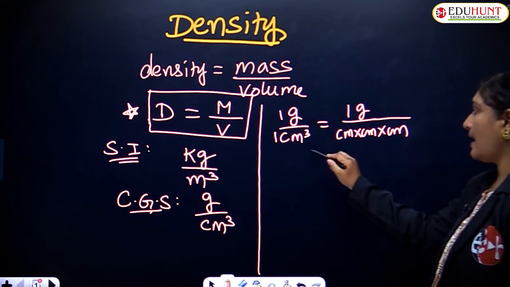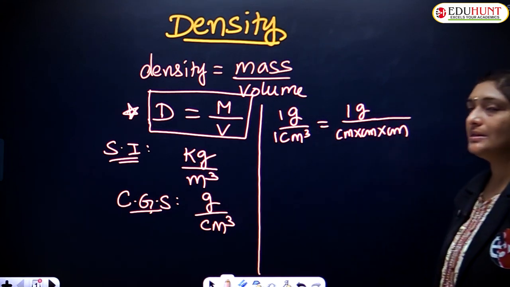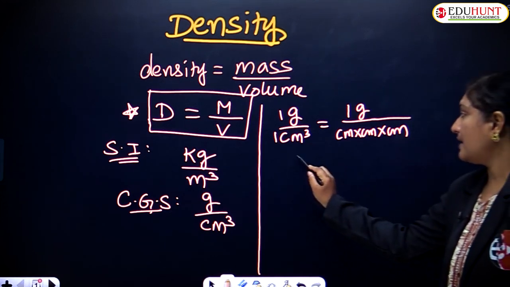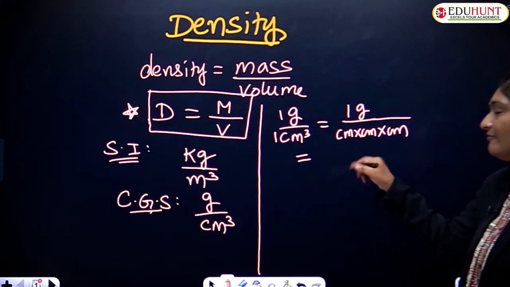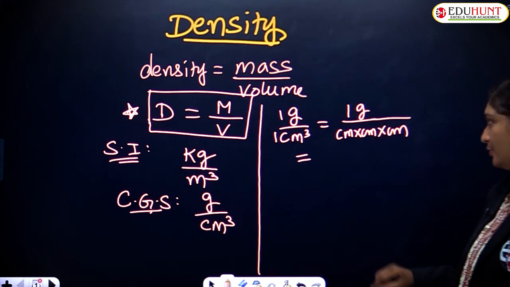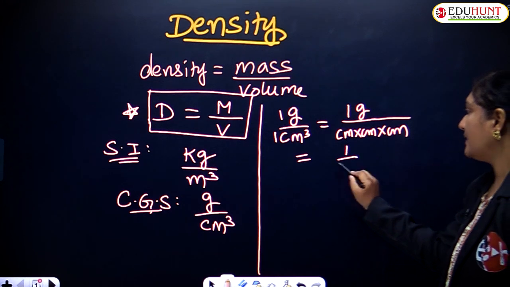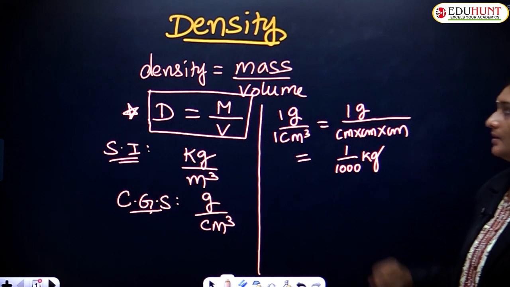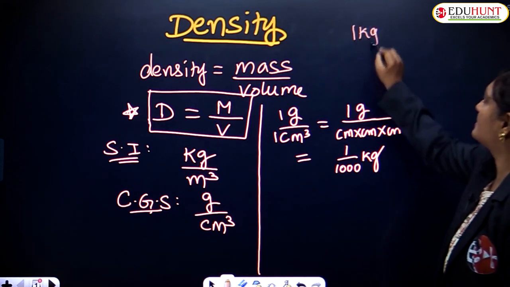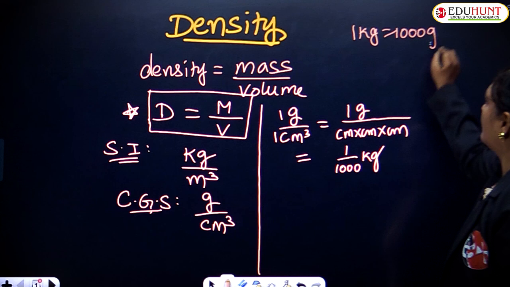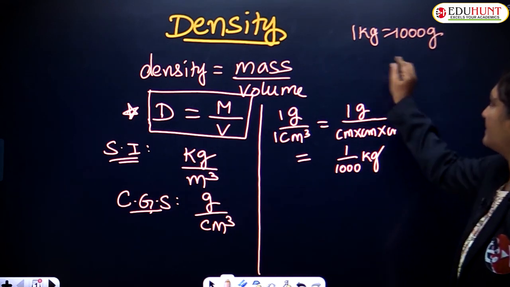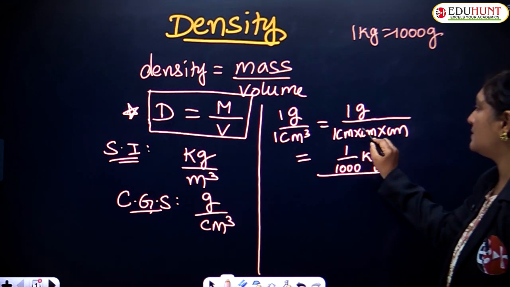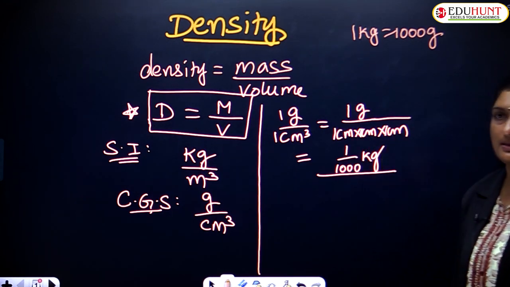If you would like to convert to meter cube, gram can be written as 1 by 1000 kg, since 1 kg is equal to 1000 grams. Whole upon 1 centimeter into 1 centimeter into 1 centimeter.